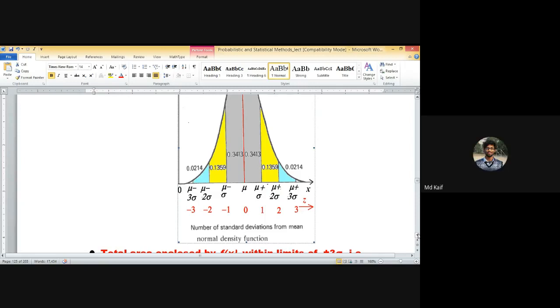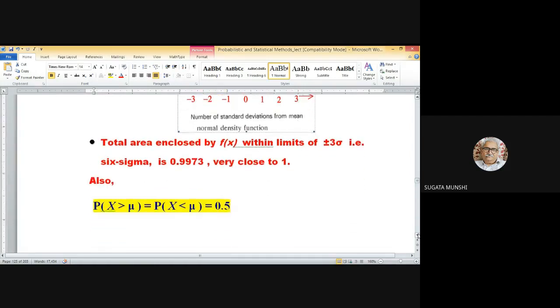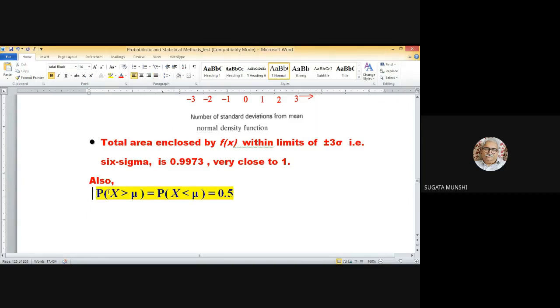And from symmetry, we also find that probability of x greater than mu is equal to probability of x less than mu equal to 0.5. So these observations will help you in solving certain problems.